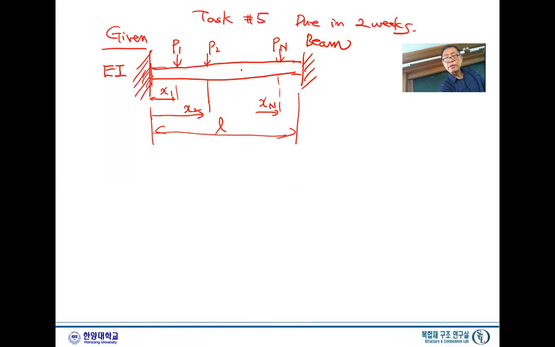And now this will deflect, right? The deflection at the center line will deflect like that. And this one we call v. It's a function of x. X is here. So deflection is the one we need to find.